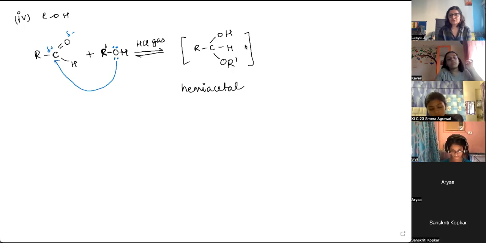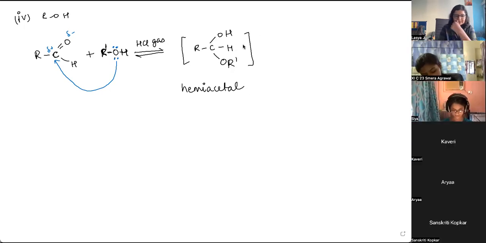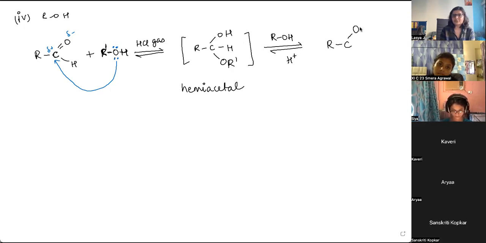Again, if you remember the preparation of ethers, there's more alcohol in the solution. This will react with another mole of ROH in the presence of H plus, because HCl gas is there, and both of them are converted to alkoxy groups. So this particular species is called an acetal.